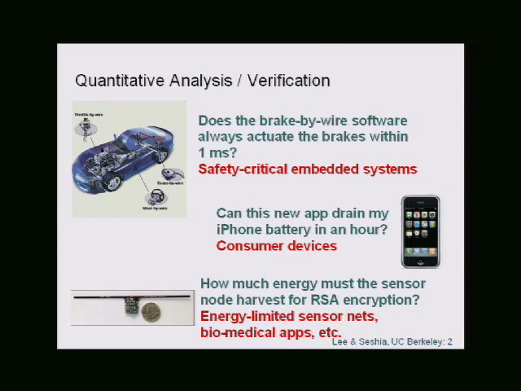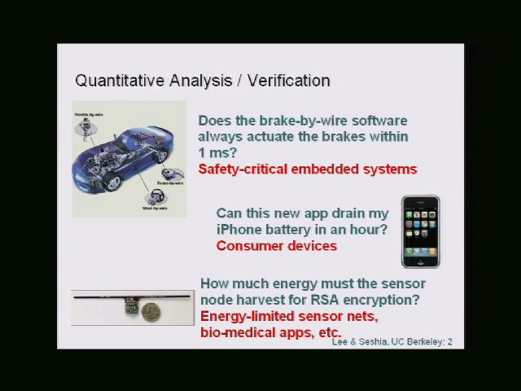So you might want to answer a question like this. Suppose you have a software task that controls the brakes in your car. Will the brakes be actuated in time for the car to stop? Right? So you might ask a question like, does the brake-by-wire software task always actuate the brakes within 1 millisecond?